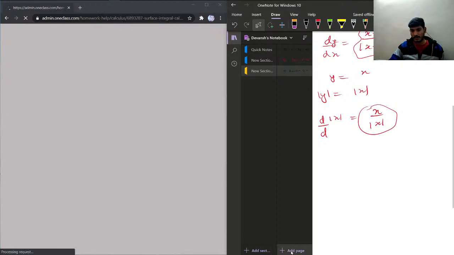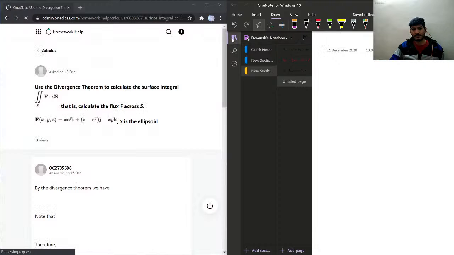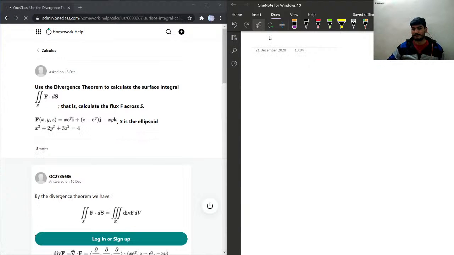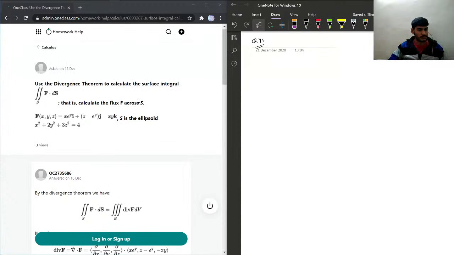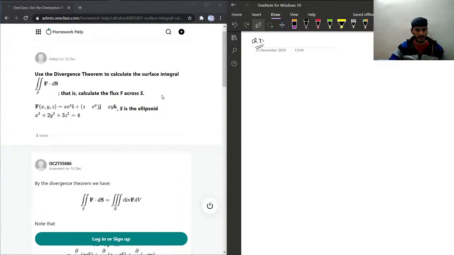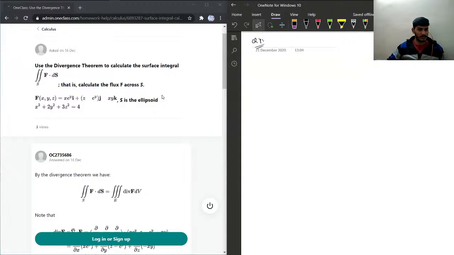Question number 4. So we need to use the divergence theorem to calculate the surface integral here.